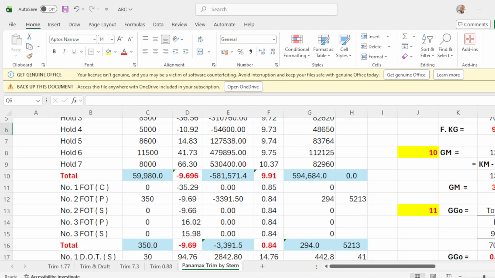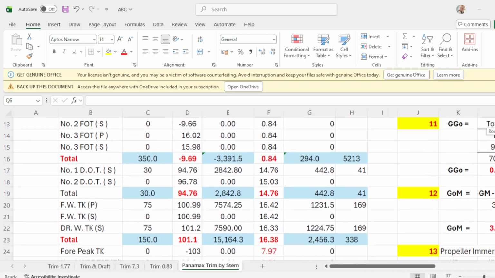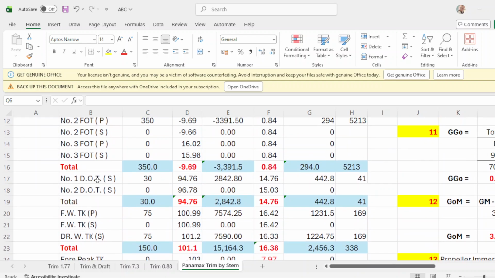With all liquids, let's say your DO tank number 1, it has a free surface of 41 metric tons. Meaning, what is the space within the tank which is not occupied by water? That is what it meant.